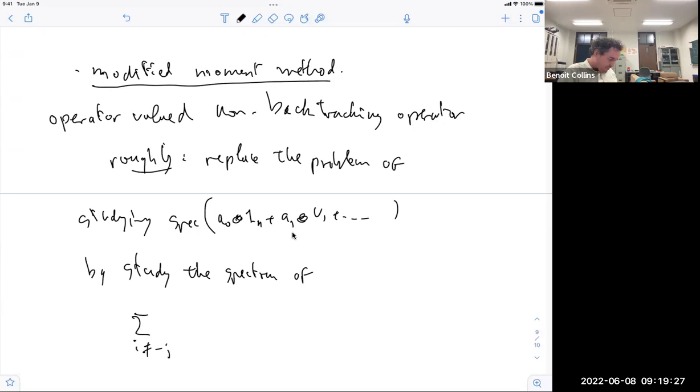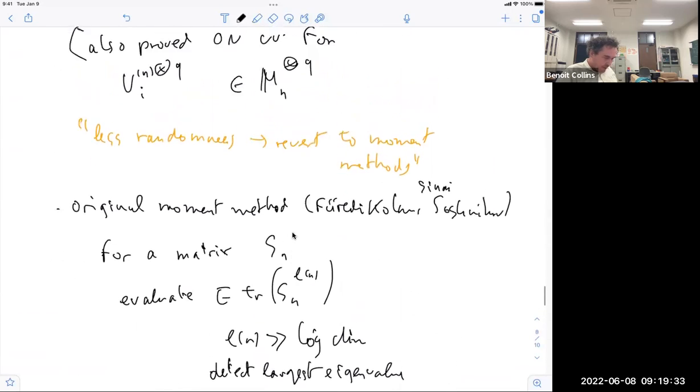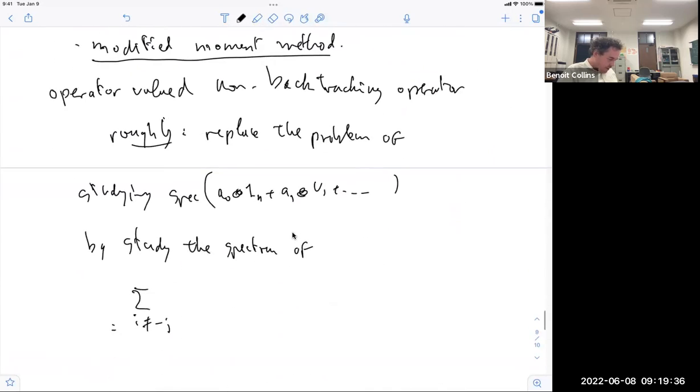So here, how many did I have? I had k of them, right? So between minus k and k of E_ij tensor B_i tensor U_j.